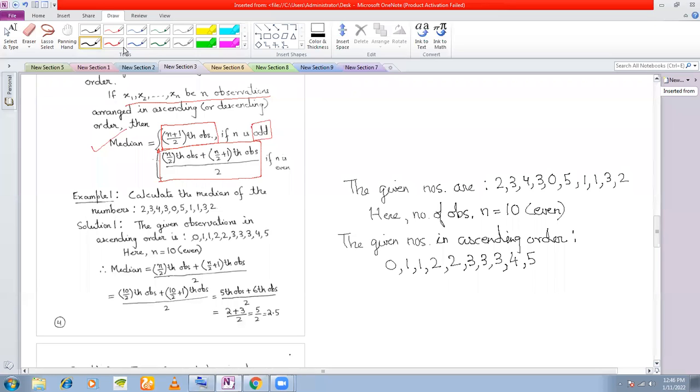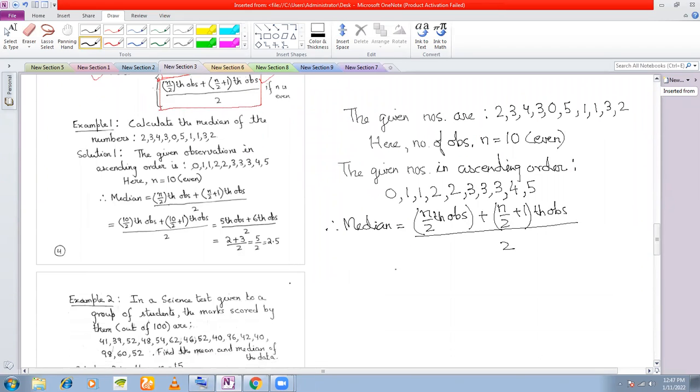Now, from the formula here, if n is even, we are going to apply this: n by 2th observation plus n by 2 plus 1th observation. So what is the median here? Therefore, median is equal to n by 2th observation plus n by 2 plus 1th observation, divided by 2.